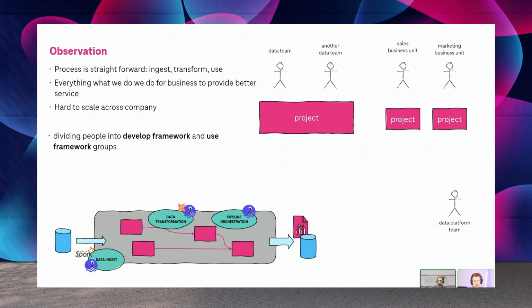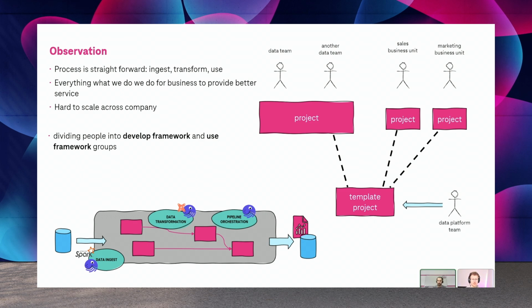As the data platform team, me, Georg, and other colleagues, we provide you the template project, and all other projects across the company or across our data landscape should potentially follow this template project.